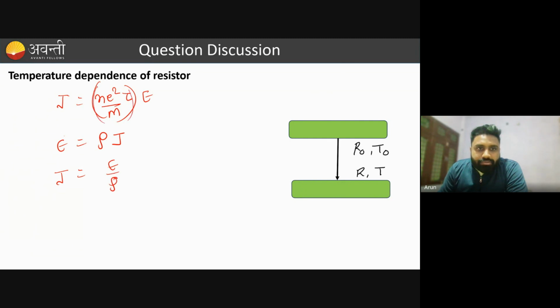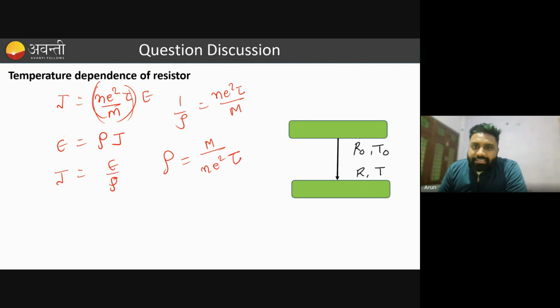So 1 upon rho is ne square tau upon m. So rho would be m upon ne square tau.